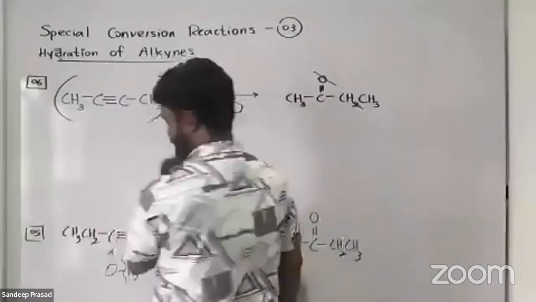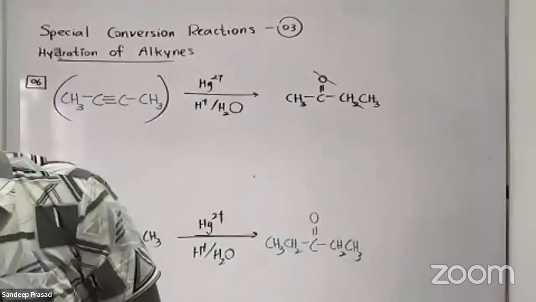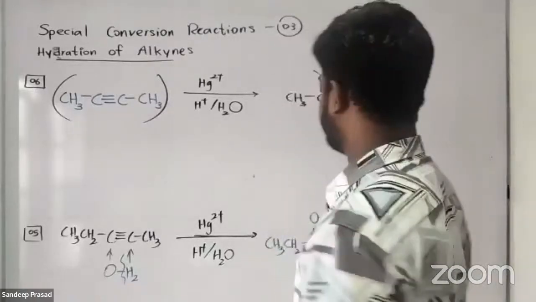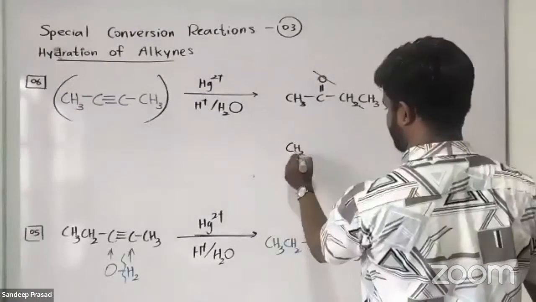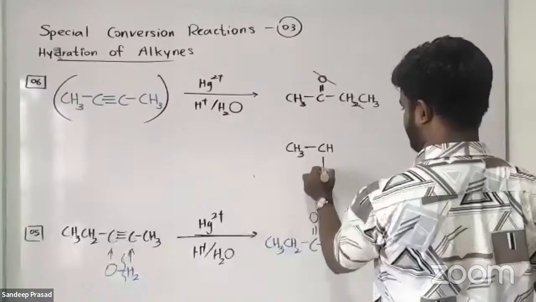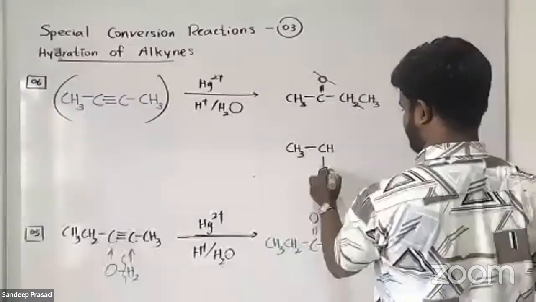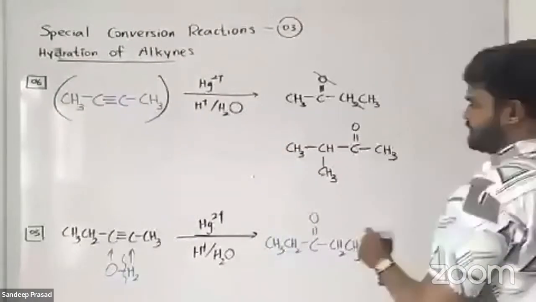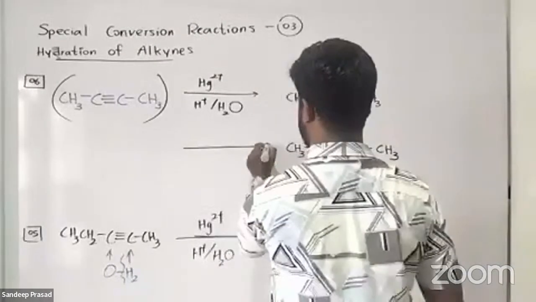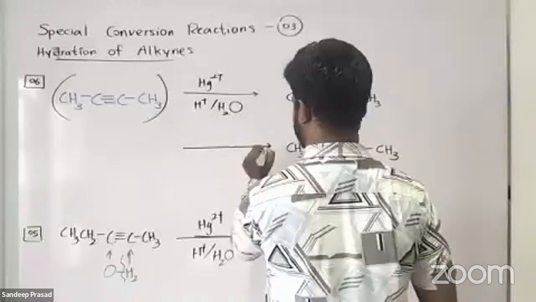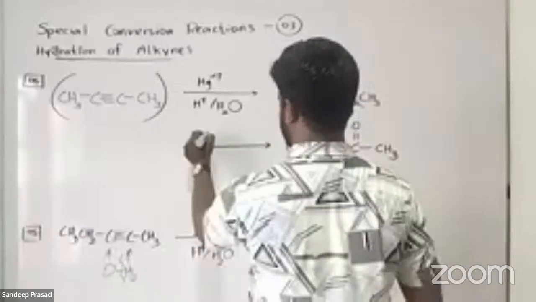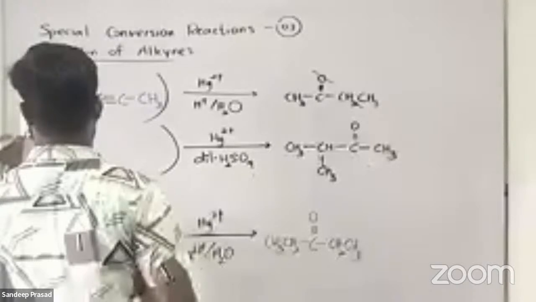Seventh one. C double bond, and CH2. Diluted sulfate.